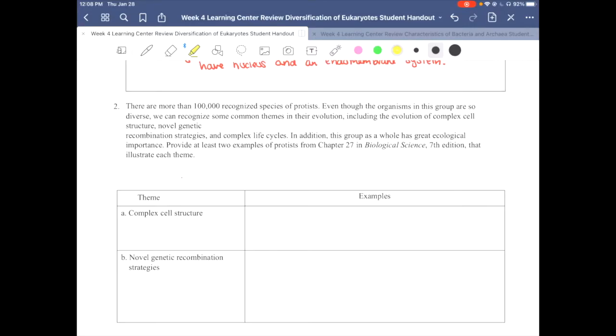The first example is paramecium. Is anyone familiar with paramecium?